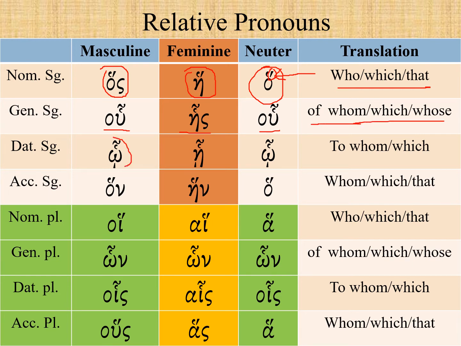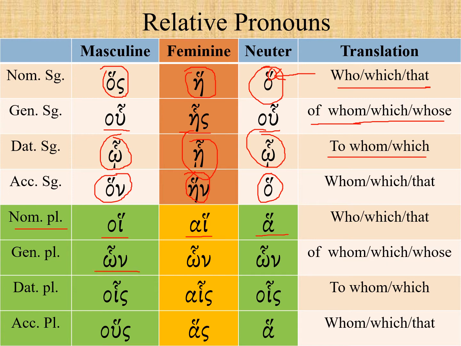Or dative, ho, he, ho would be to whom or to which. Obviously, it could be also, as you remember from dative, in or with or for. Accusative would be hon, hen, and ho. And then in the plural, nominative plural, hoi, hai, and ha.